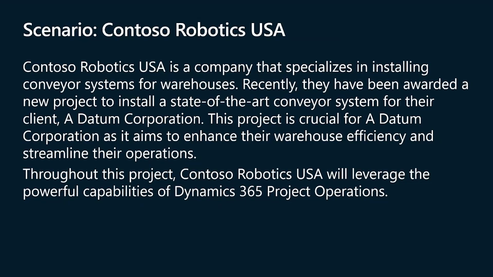Recently, they have been awarded a new project to install a state-of-the-art conveyor system for their client, Adatum Corporation. This project is crucial for Adatum Corporation as it aims to enhance their warehouse efficiency and streamline their operation. Throughout this project, Contoso Robotics USA will leverage the powerful capability of Microsoft Dynamics 365 Project Operations.